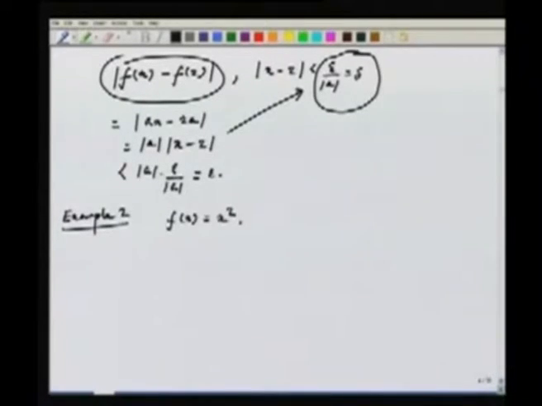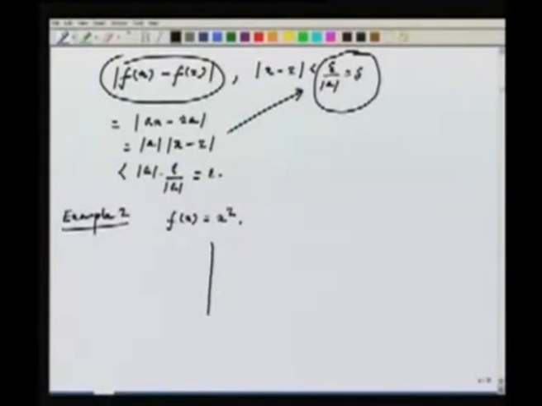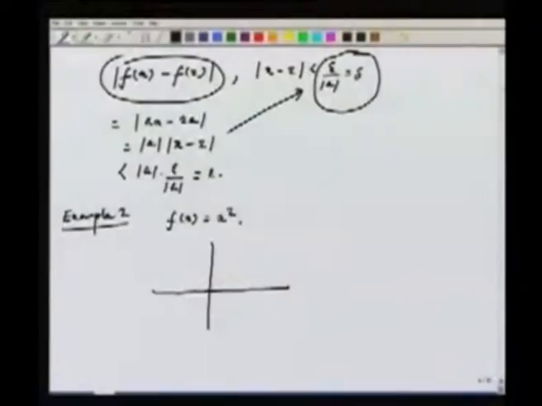Well, if you think about the graph of this function, many of you might have seen it. It looks like this on the positive axis. At 0, obviously the function is 0, and as x increases, the value of x squared also increases. It gets larger and larger.